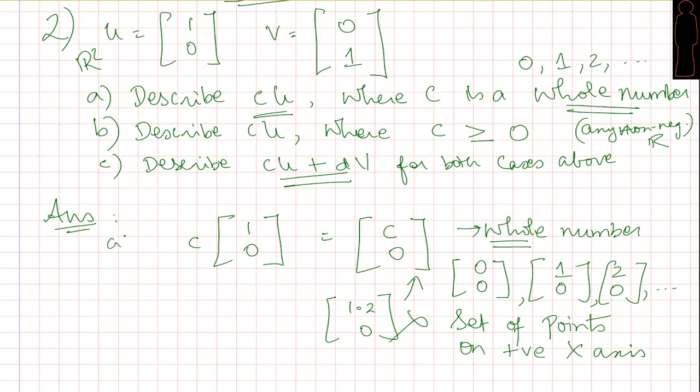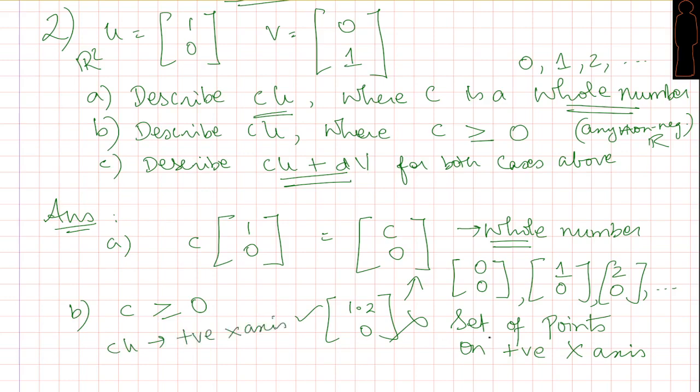What about the second case? What would happen in the second case where it's a similar discussion, but this time C is any non-negative real number. This time what would happen is that we will have to fit in this. This also will fall in, and the pattern is the same. It is (C, 0), but since C is greater than or equal to 0, this time Cu will describe the positive x-axis.